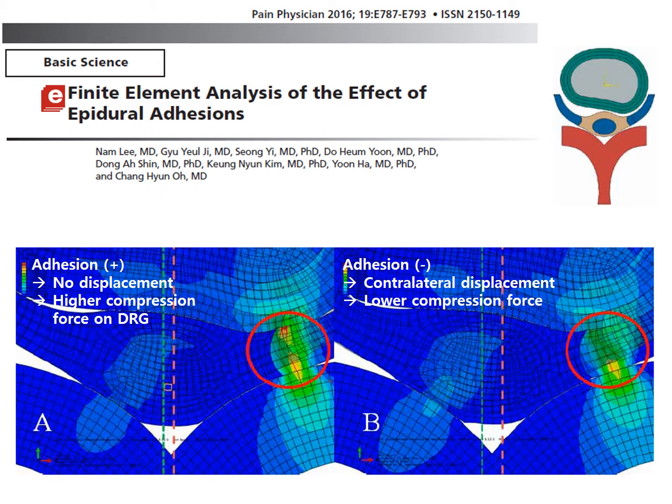The simulation showed that in the no adhesion model, adaptive contralateral displacement of the dura can occur, resulting in lower compression by the herniated disc. However, in the adhesion model, higher compression force was produced in the spinal nerves, especially on the DRG, compared to the no adhesion model.